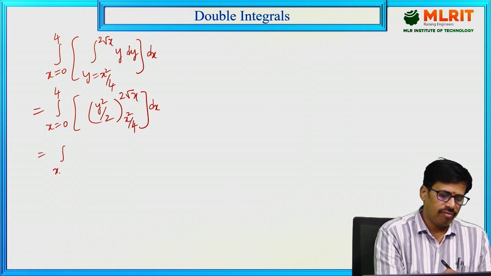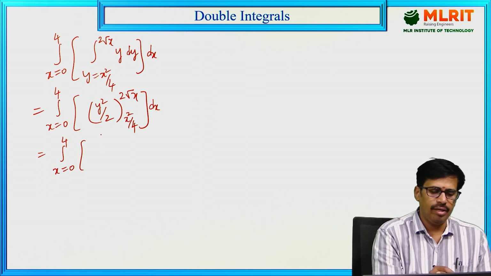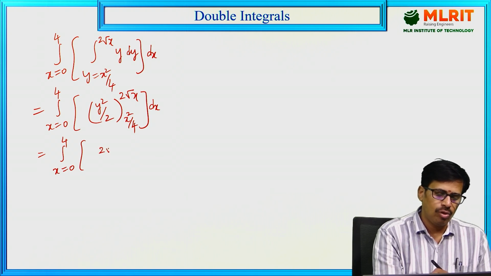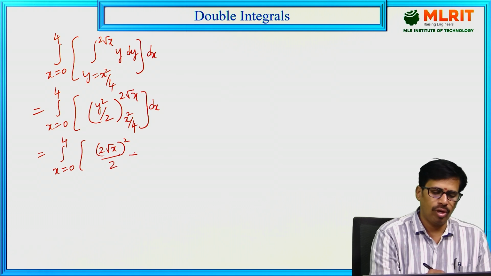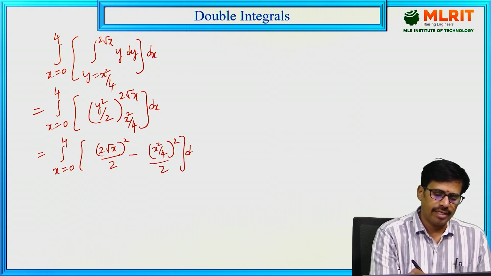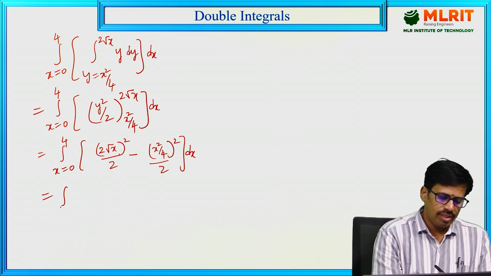So x is equal to 0 to 4, y limits are given as 2 root x and x square by 4. So substitute the upper limit, 2 root x whole square by 2 minus lower limit. So in place of y, write down x square by 4 whole square by 2, dx.